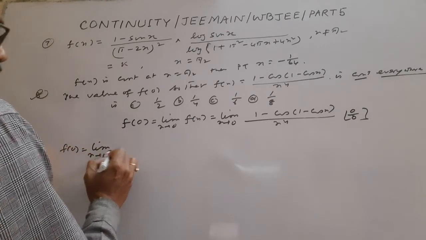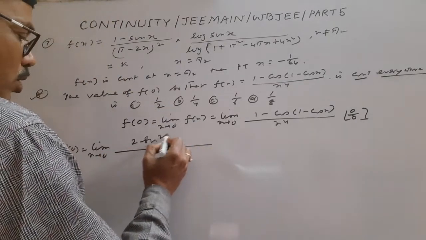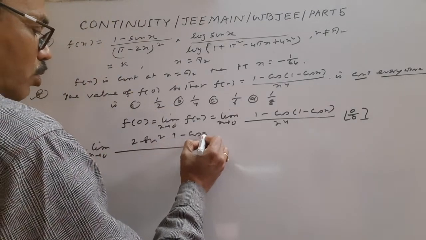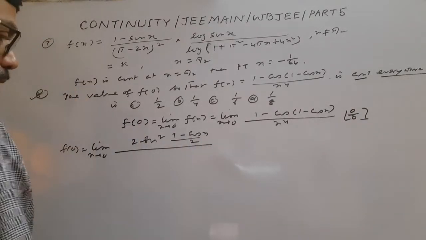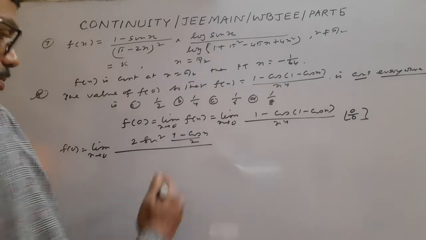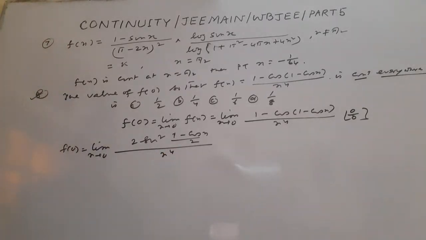limit x tends to 0 of 1 minus cos(1 minus cos x), which is 2 sin square of (1 minus cos x) by 2, divided by x to the power 4. Here 1 minus cos x is 2 sin square x by 2.